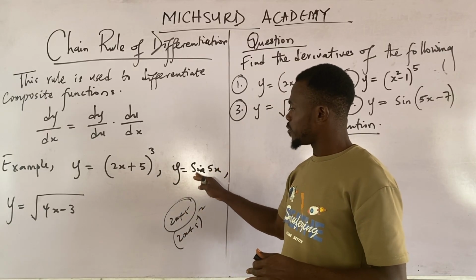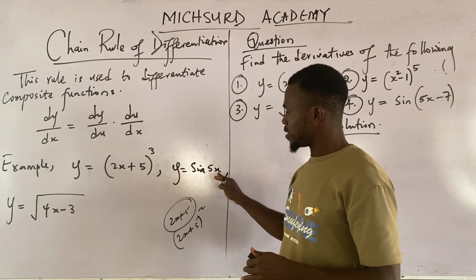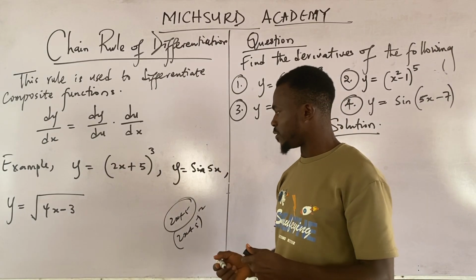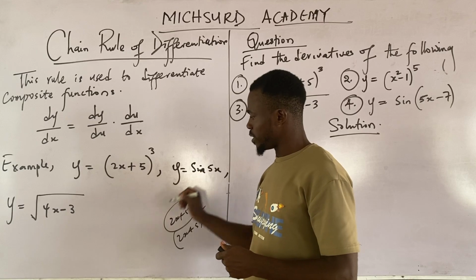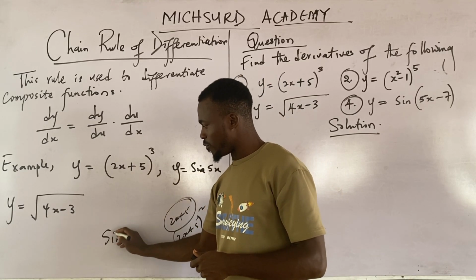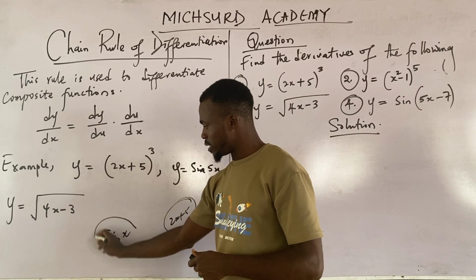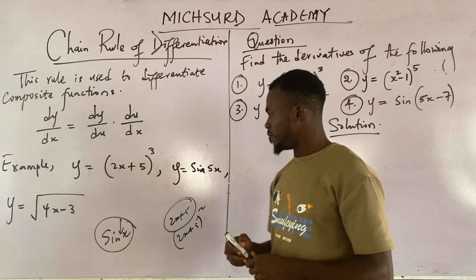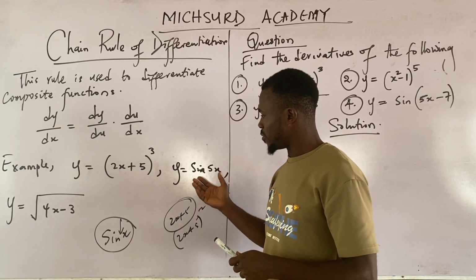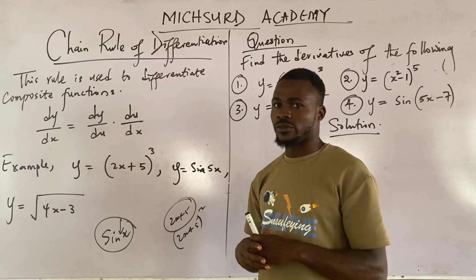So y equals sin 5x is also a composite function, because the simplest form of the trigonometry here should have been sin x. But instead, we have an additional value there, which makes it a composite function.